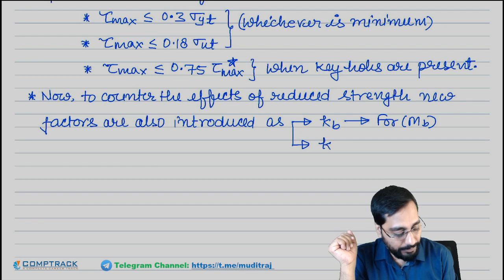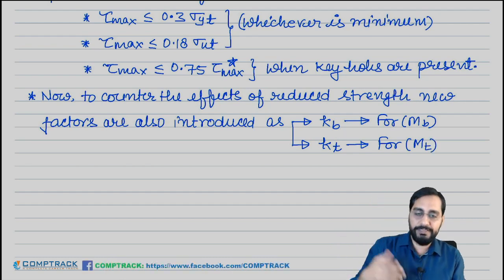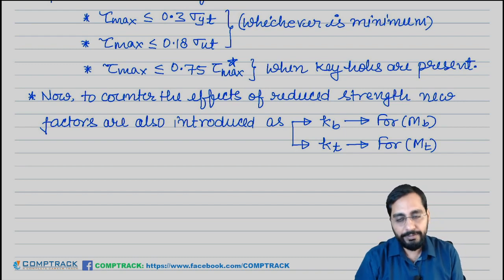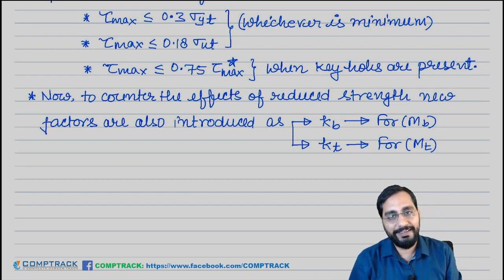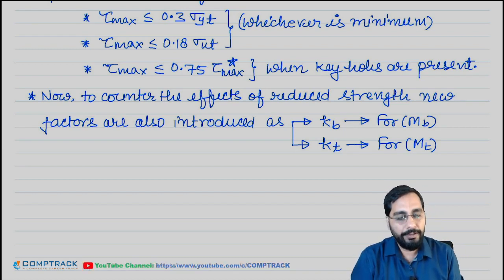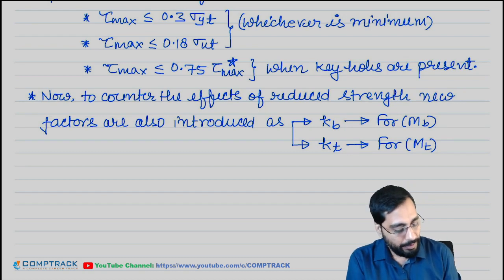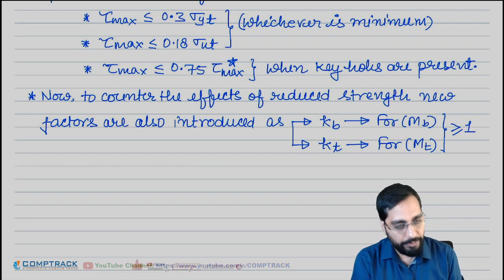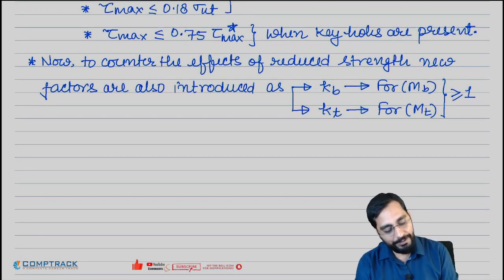Second factor will be Kt, used for Mt. These are not the previous Kb and Kt; those were different, used in fatigue loading. These are different, and these Kb and Kt are greater than or equal to 1.